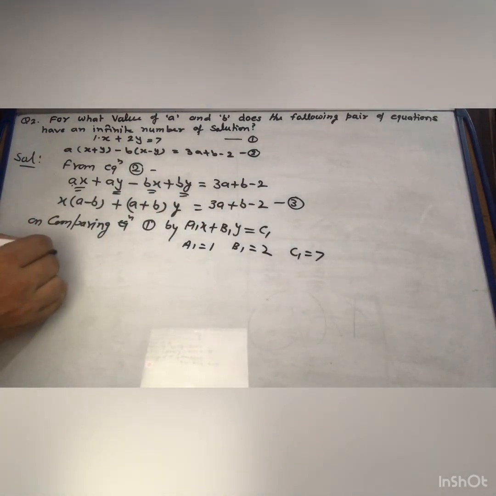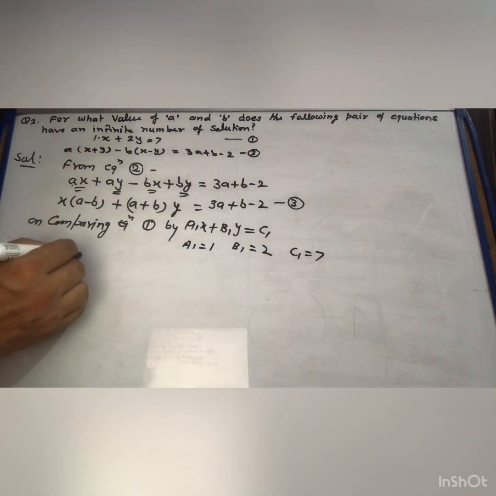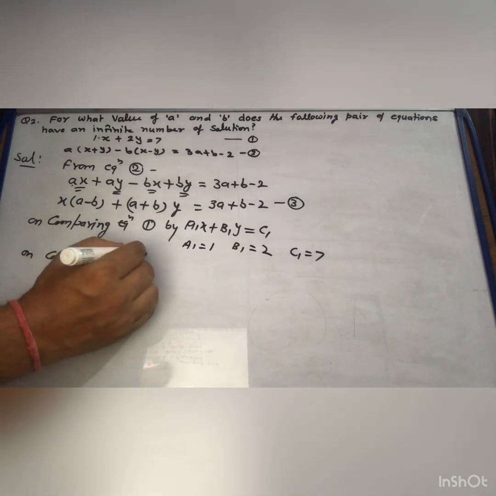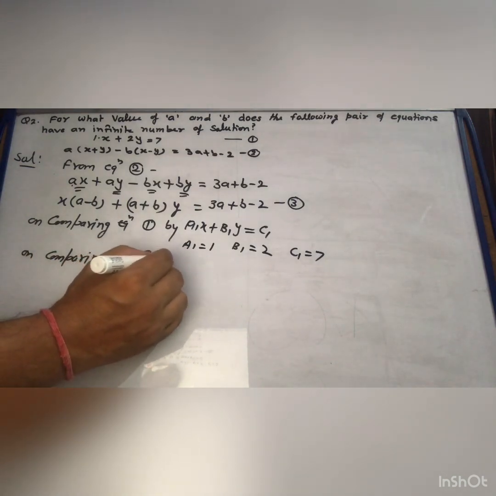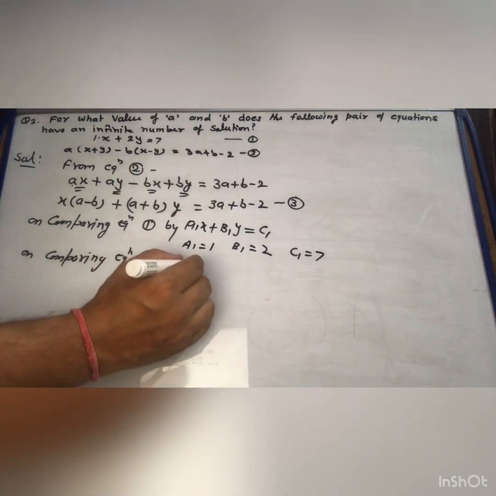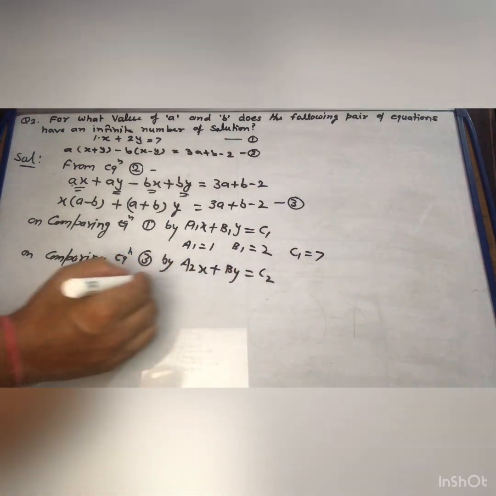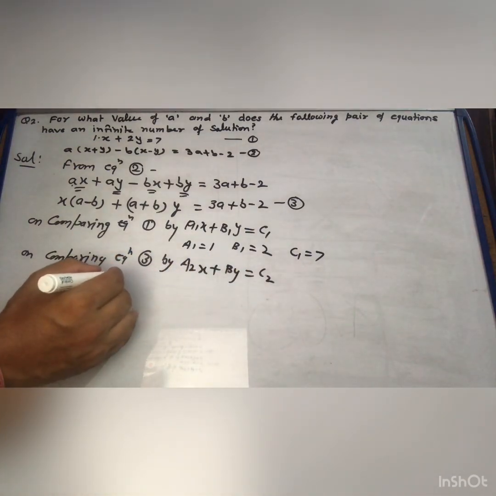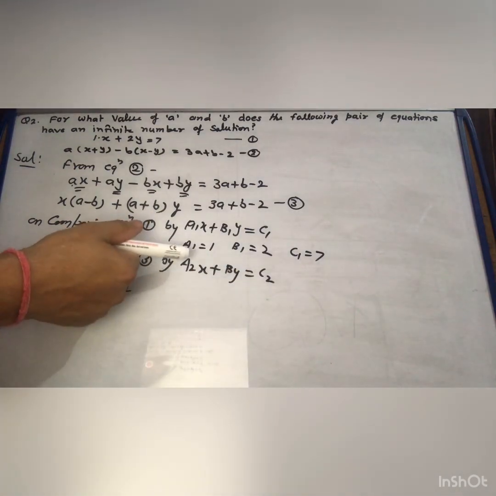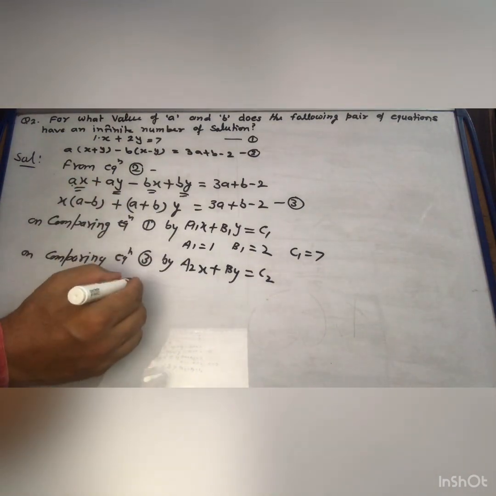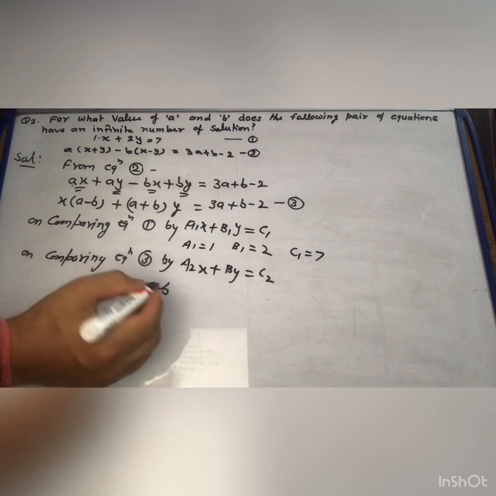On comparing again equation number 3 with a2x plus b2y equal to c2, what you get? You compare this a2x to this one, so you get a minus b.